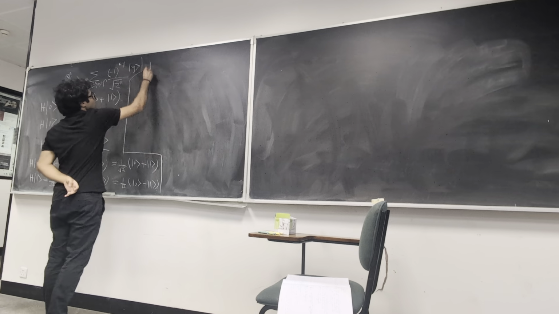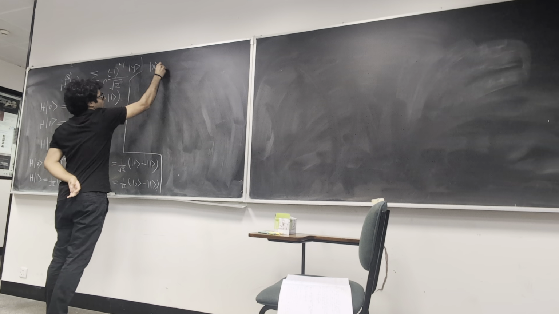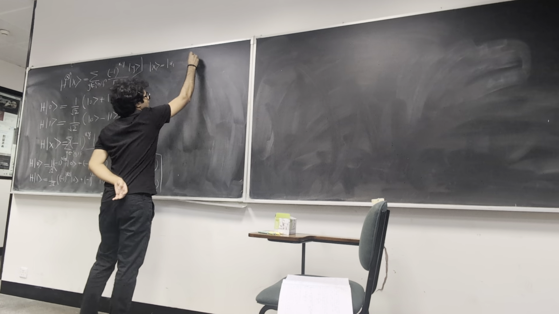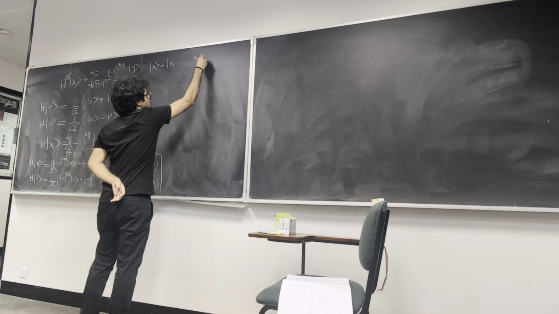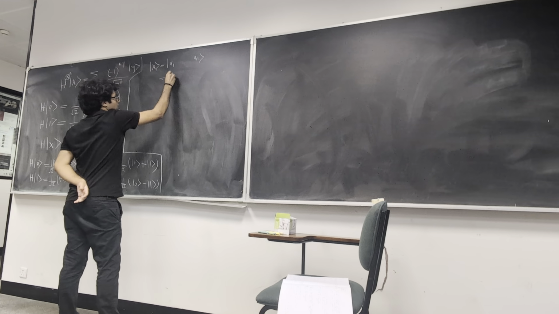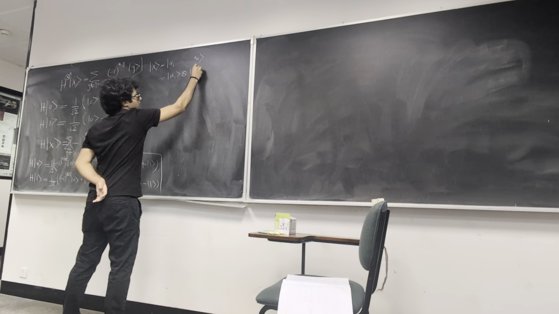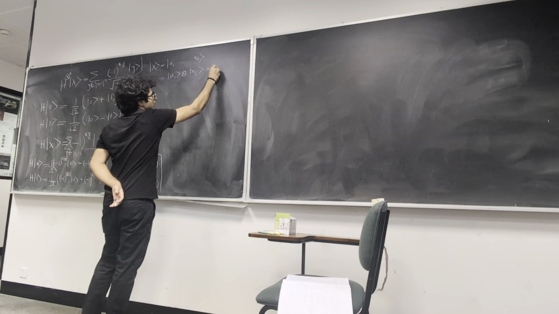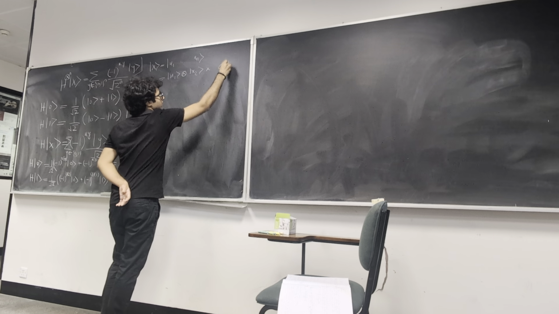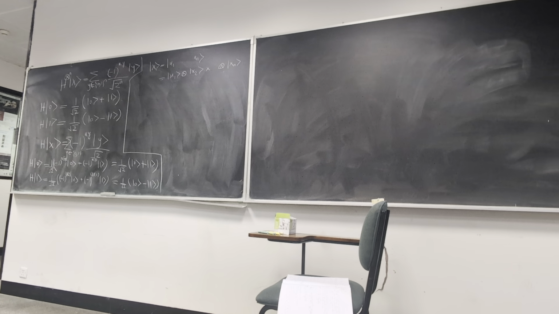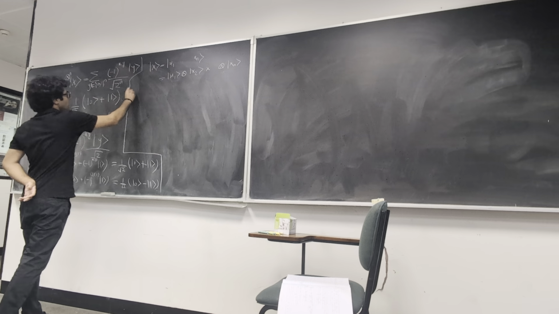So it's basically string of x1 dot dot dot dot xn. Which just means a tensor product, right? Okay, good.